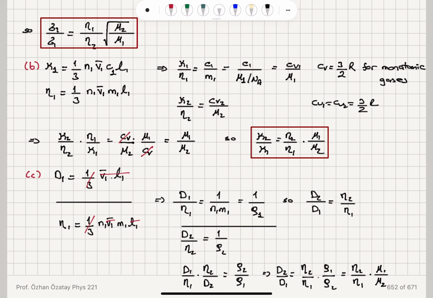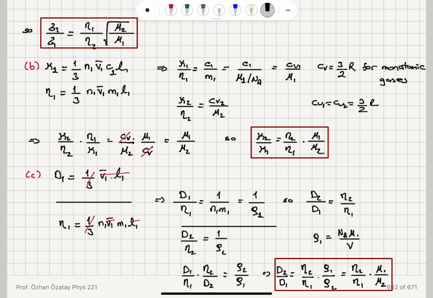Why? Because rho 1 is Avogadro's number, let's say 1 mole, times mu 1, the total mass, divided by the volume occupied. So if we have 1 mole of these gases, you can see that it's going to be also mu 1 over mu 2. Alright, so this will be our final answer for the ratio of the diffusivities. Eta 2 over eta 1, mu 1 over mu 2.